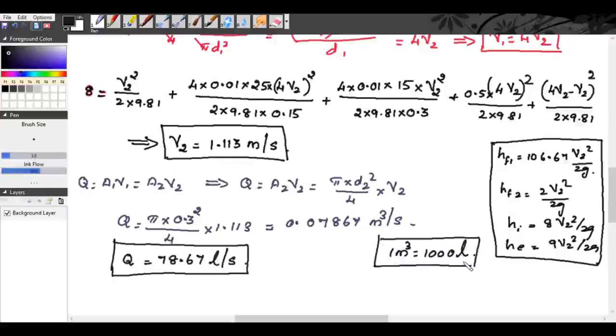Now, we will draw the hydraulic gradient line and total energy line. So, first of all, we will draw the total energy line, and then we will subtract the velocity head from the total energy line to get the hydraulic gradient line. Okay.